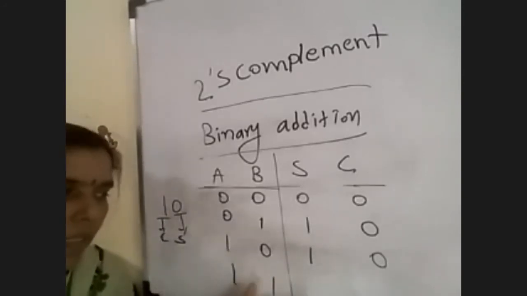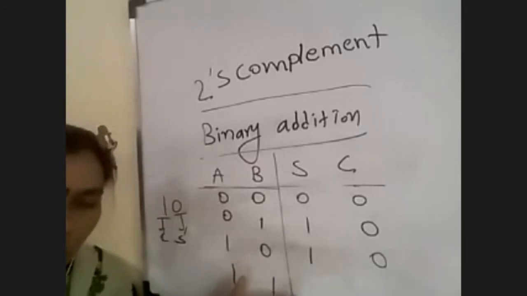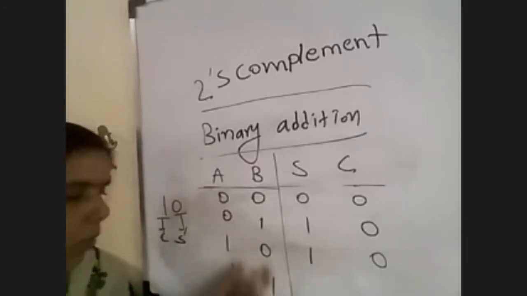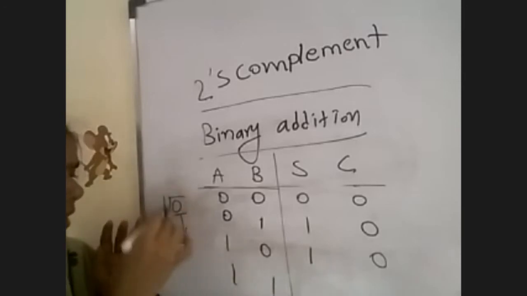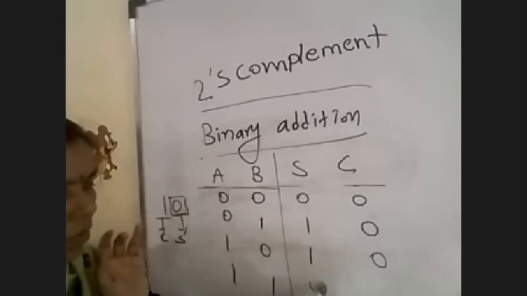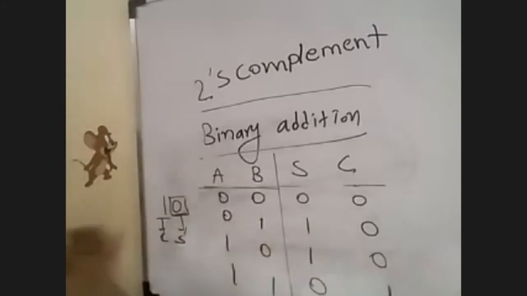The values must be in the range of zeros and ones only. So 1 plus 1 is indicated as 2, and 2 in binary is 10. In that, the sum is 0 and the carry is 1. Is it clear? Yes, ma'am.